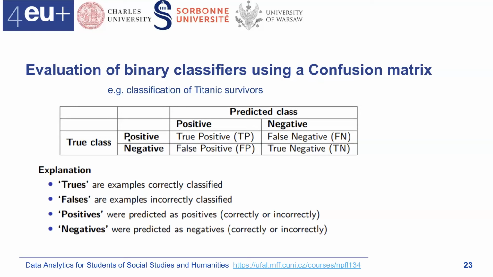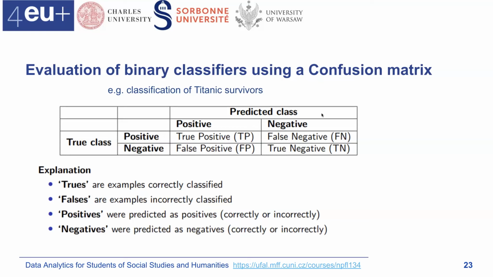Positive here stands for the examples that are positive ones, so it means Titanic survivors or spams. And negative here stands for negative examples, for example, passengers who didn't survive, or emails that are not spam. That's what we read here in the rows.